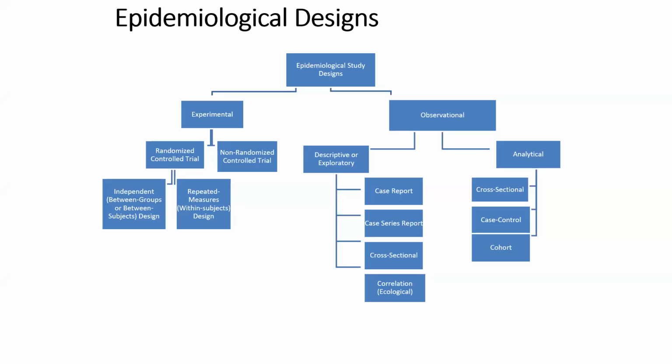Let me back up and say it again. By calculating the relative risk between one cohort and the other, between one group and the other. Risk is the probability of the occurrence of an event.